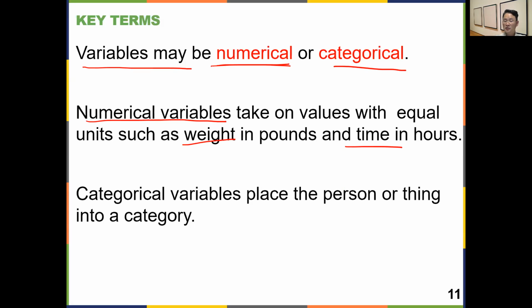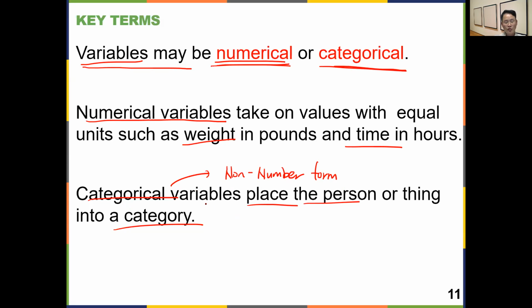All those things are numerical types of variable. What else can be categorical then? What's categorical? A categorical variable places the person or things in categories. In short, categorical is non-number form. A non-number form of variable is a categorical variable.